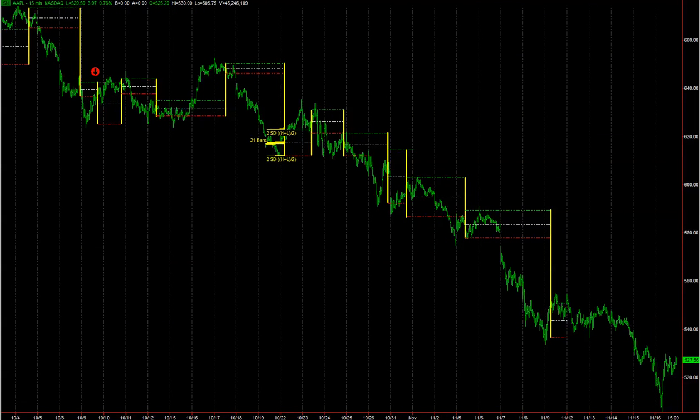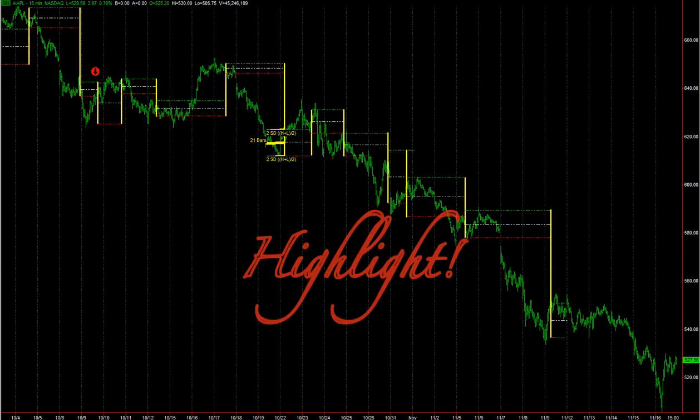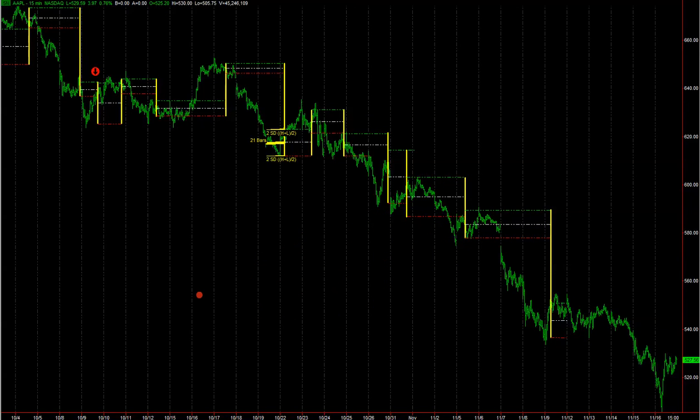I would like to get to a point where our SD Express looks something like this, where we are drawing, validating boxes using this 21 standard deviation or 2, and these will be user inputs just as you've got them in the current version, only validating them in the way that I've described.